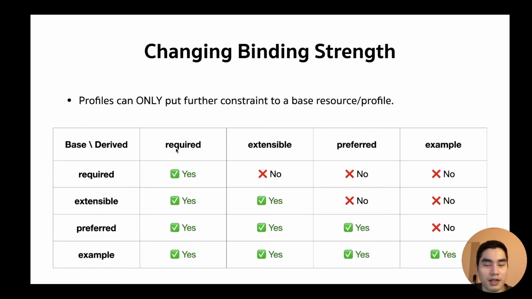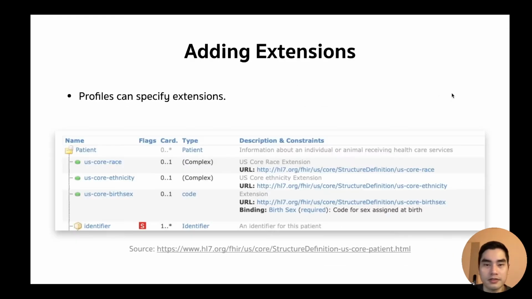Extensible to required, yes. Preferred to required, yes. Example to required, yes. So from that rule, any strength can become required because you are constraining it. But on the contrary, required must be required. You cannot change from required to example. So that is the rule about binding strength.